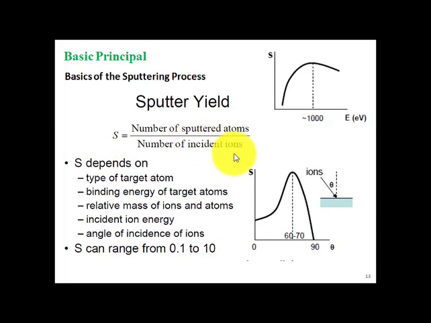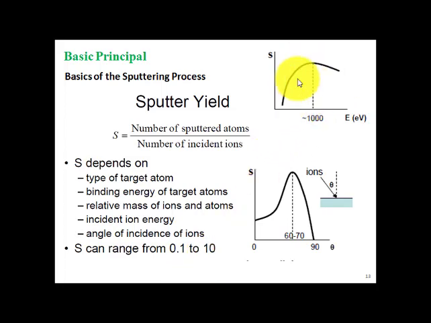Sputter yield depends on the type of target atom, binding energy of target atoms, relative mass of incident ions and target atoms, incident ion energy, and angle of incidence of ions. So S can range from 0.1 to 10, or in some books it is given as 0.1 to 4.